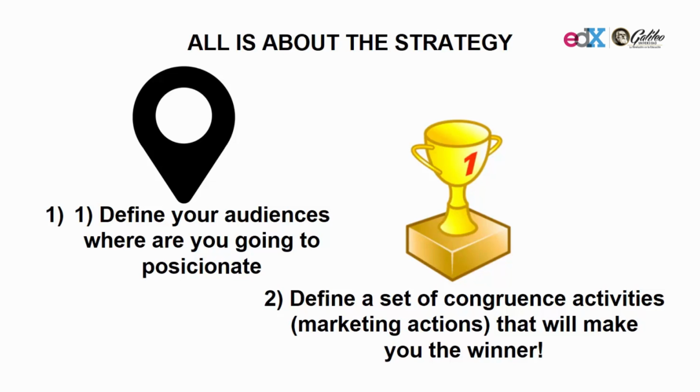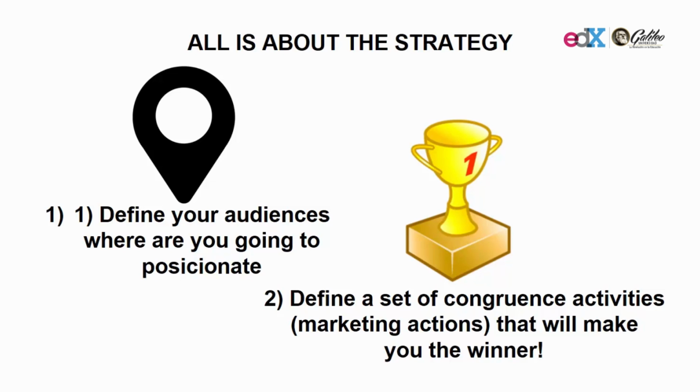You have to define the audiences, and then when you know the audiences, we saw in the previous video how to do some audience research using Audience Insights, Display Planner, and Statista.com. Then comes the second part, which is now, and in the next videos we are going to focus on this part.